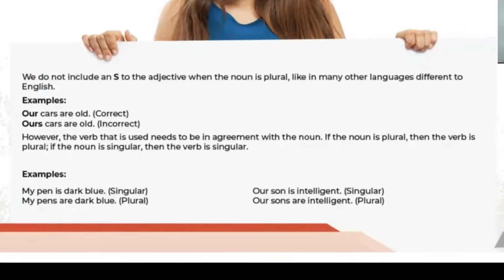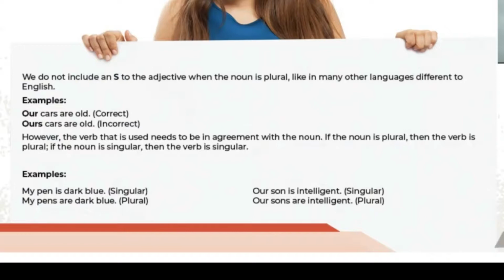Okay, yes. We do not include an S to the adjective when the noun is plural, like in many other languages different to English. Examples. Our cars are old. That's the correct form. Ours cars are old. It's incorrect. However, the verb that is used needs to be in agreement with the noun.